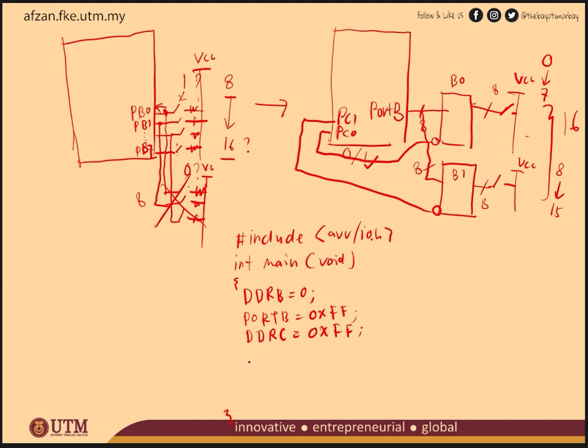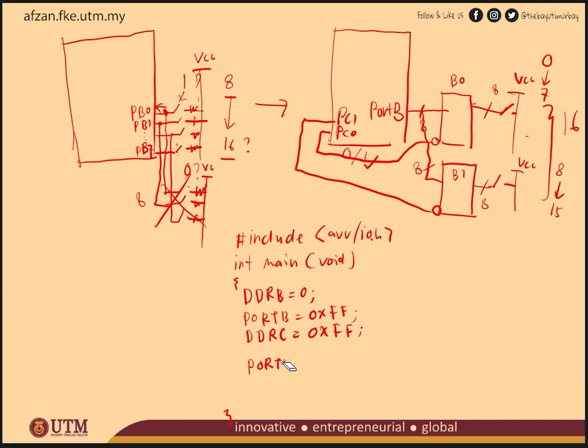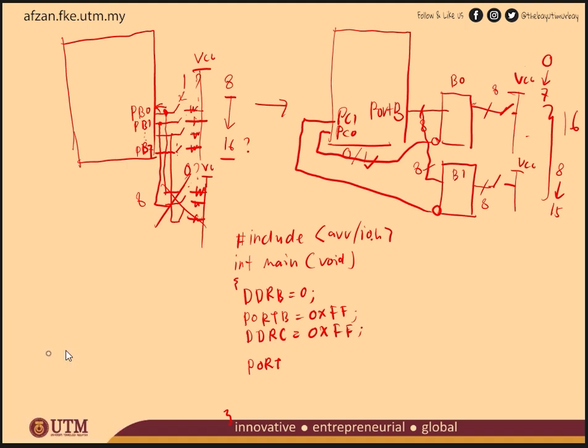To enable B0, you need to send out port B, sorry, not port B, port C, because our control is connected to your port C. Port C, the first value they're going to send is 0b11111110.